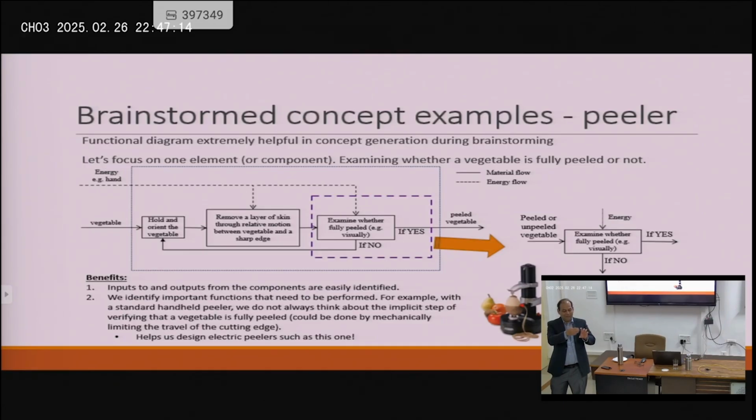Or it makes the most optimal motions and has a camera system with intelligence that peels it accordingly. So this is not a trivial step, and that's why I added it. And then now you can, if you kept it vague enough and abstract enough, you can come up with automated peelers as well. That was the point of this discussion.